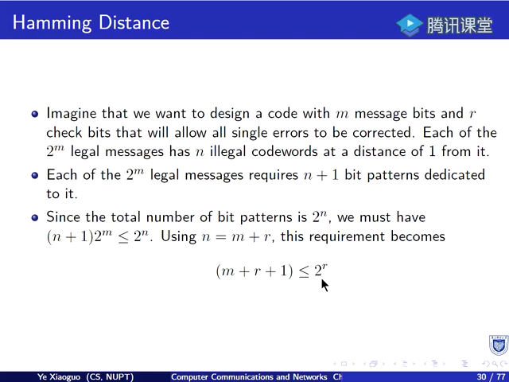The total number of bit patterns is 2 to the n, because each of the n bits has two forms, 0 or 1.